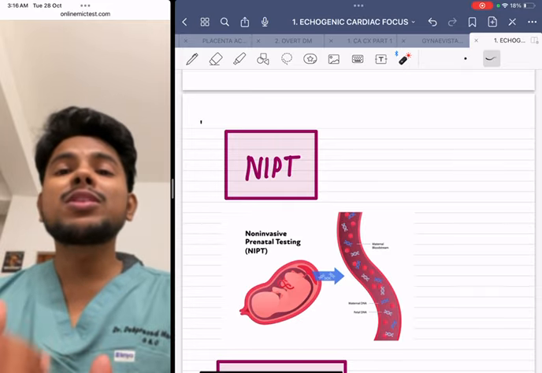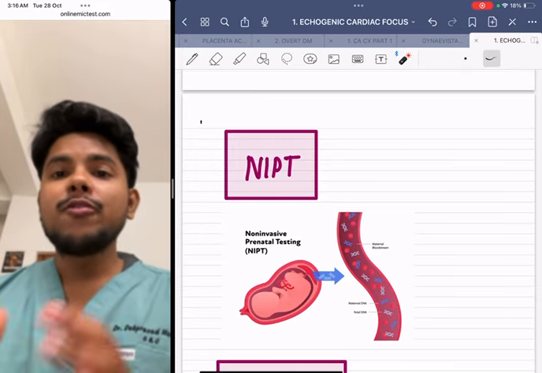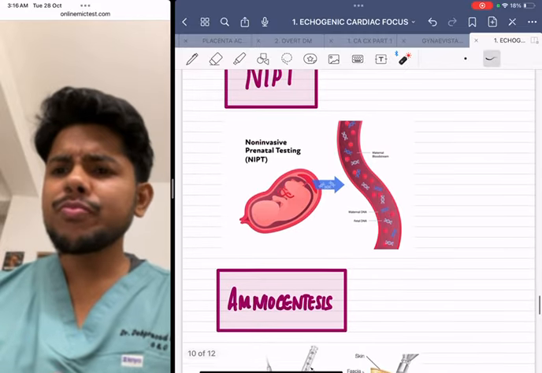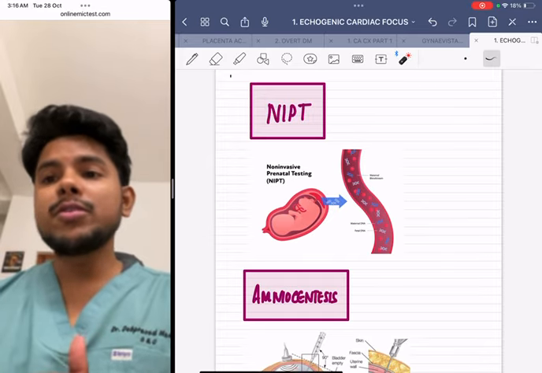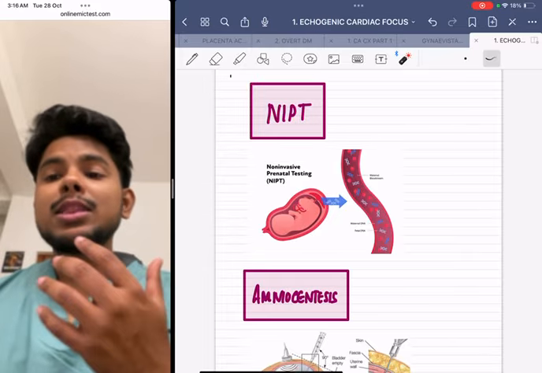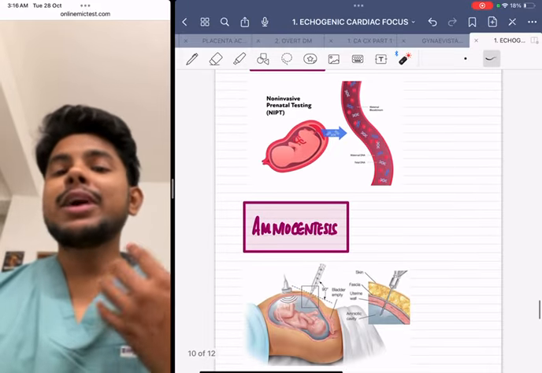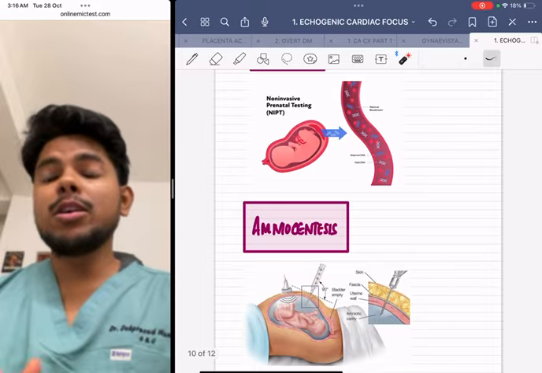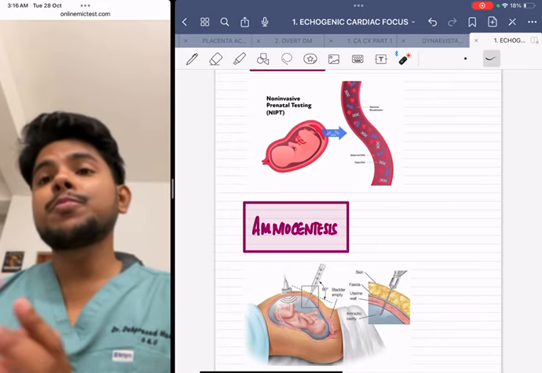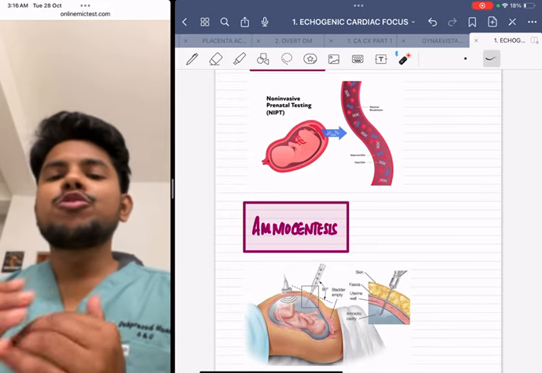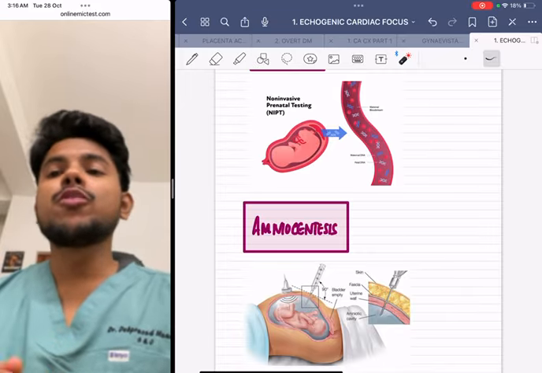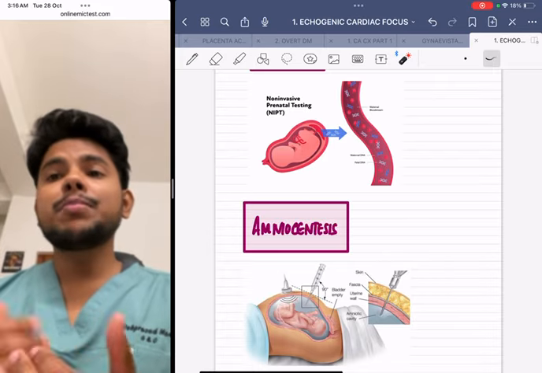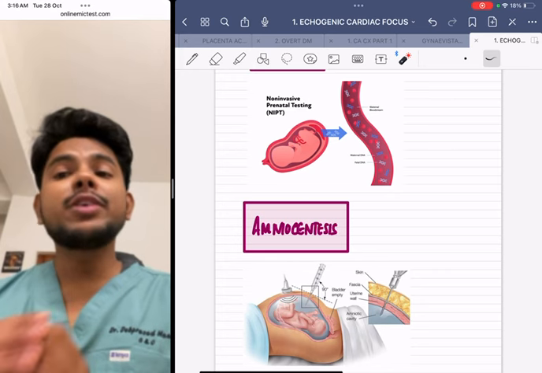The accuracy is more than 99% for Down syndrome. Okay, but if the NIPT report turns out to be positive, then to diagnose the disease, we might need to go for amniocentesis. After all, NIPT is a screening test, but it's a very, very accurate screening test.